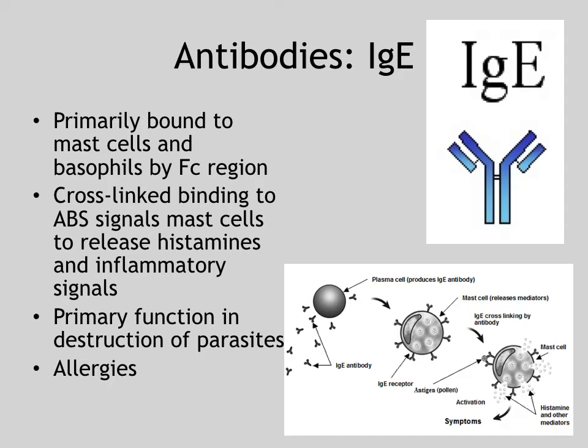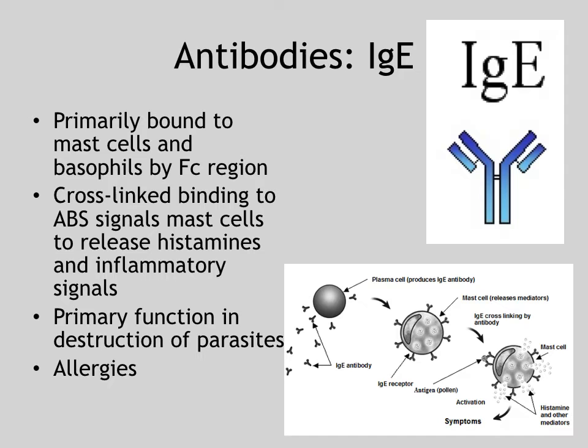So IgEs are bound by their constant region, so their antigen binding sites are sticking out. And when an allergen, a pollen for instance, an allergen is just an antigen, cross-links on a mast cell between two antibodies, remember cross-linking like we saw in the complement system in the classical activation pathway.